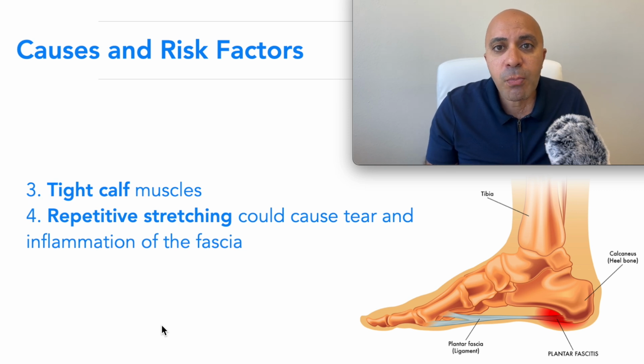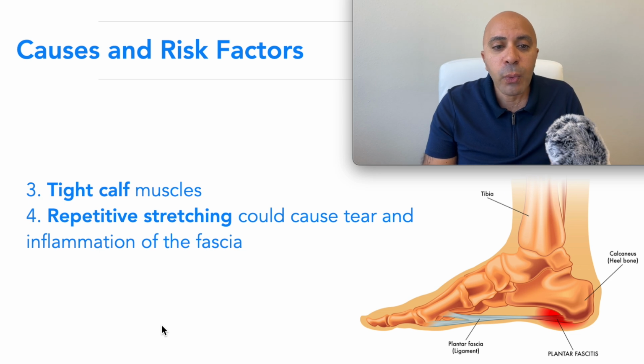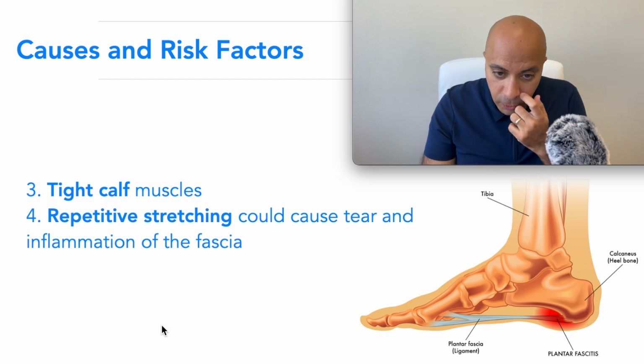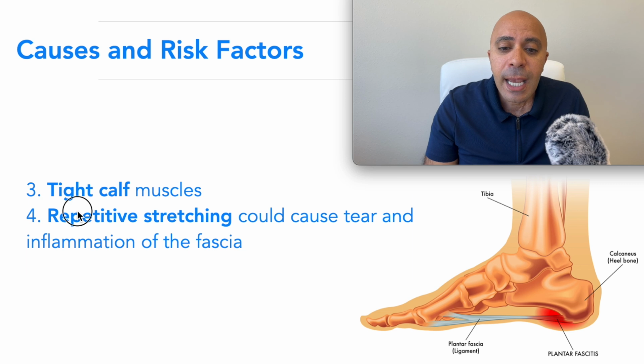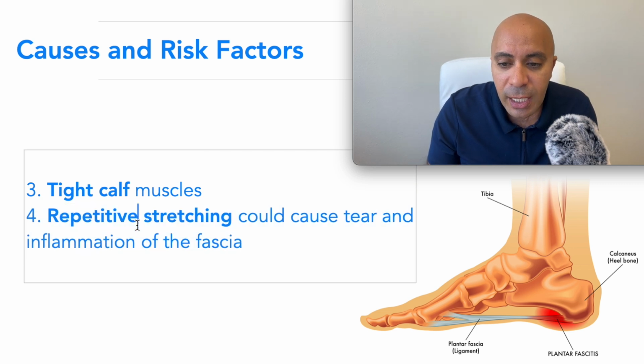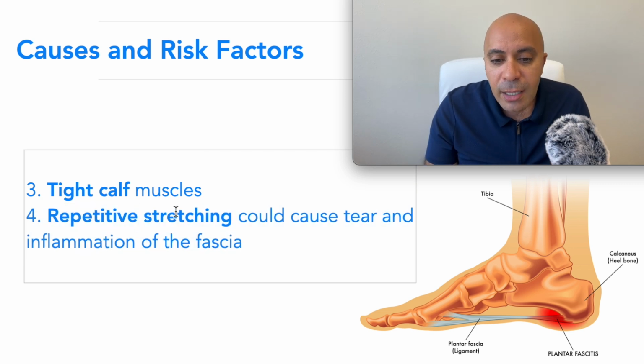So it's very important to address the calf simultaneously while we walk properly and while we wear the right shoes. The fourth cause is repetitive stretching that could cause a tear or inflammation.